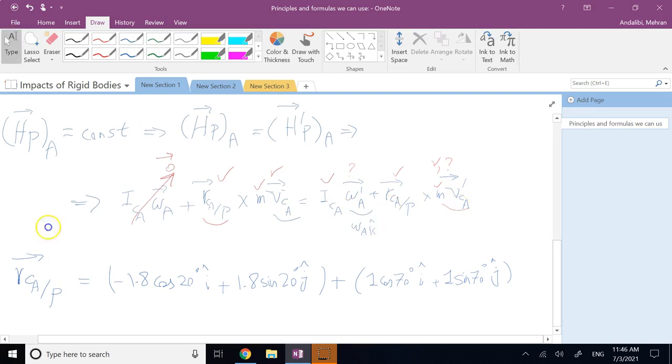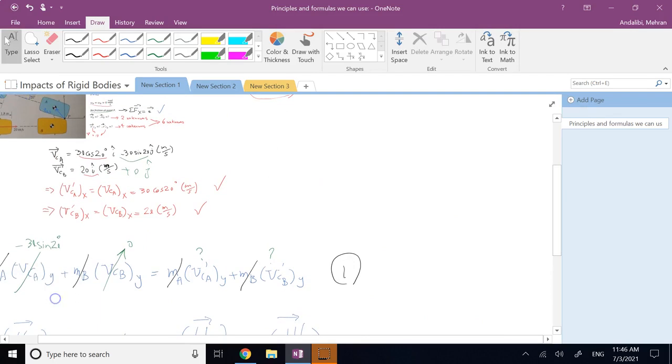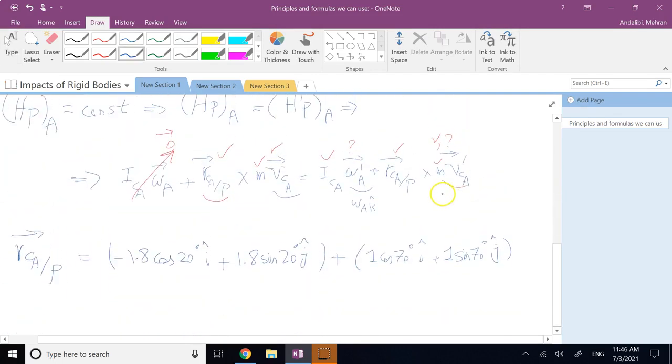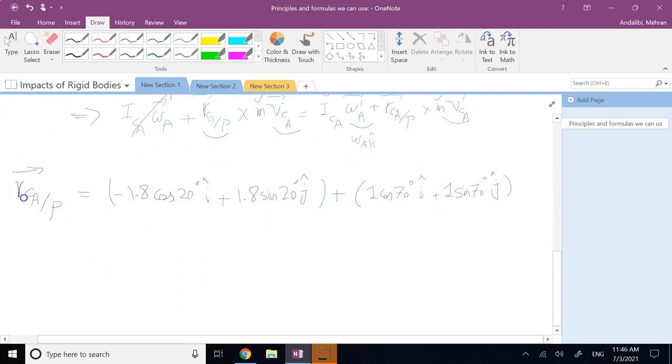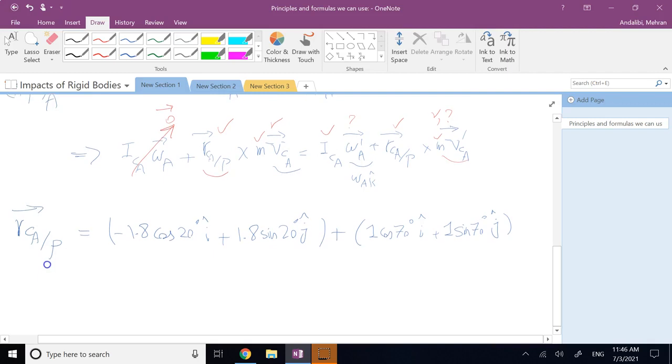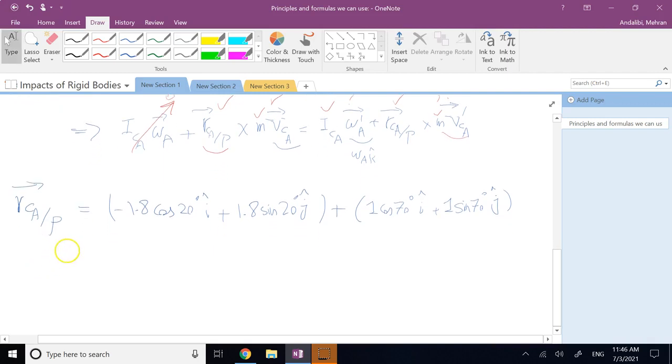And this V prime of CA, remember, has an X component, which we have, and a Y component, which we don't. Because you have a bunch of cross products, you better do it using matrices, the 3x3 determinant.